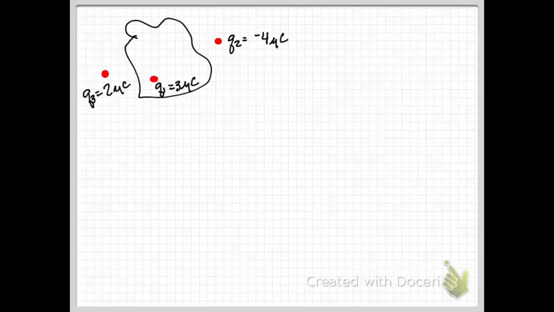Okay, so now here's the fun part of Gauss's law. Here we have this random weird looking surface, and there's a 3 microcoulomb charge inside the surface, and we have 2 other charges outside the surface. So if we're going to talk about the flux through the surface, it's just going to be the value of Q1 divided by epsilon naught.